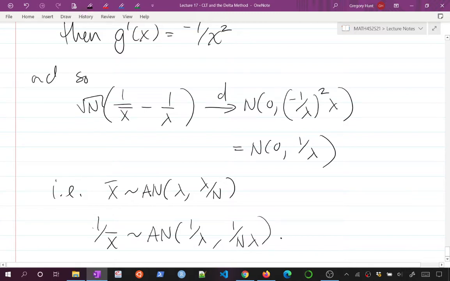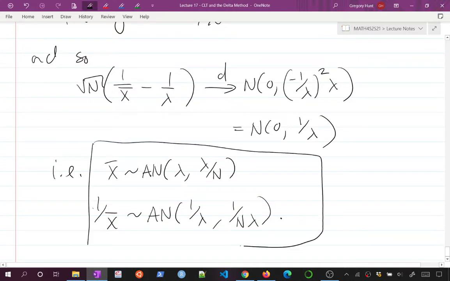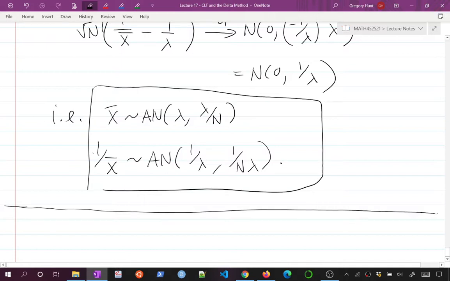So that's cute. Basically it just allows us to flip our lambda upside down when we want to look at the asymptotic distribution of 1 over x bar. While for a finite sample, the distribution of 1 over x bar, if x bar is Poisson, may be really complicated, asymptotically you can nicely play around with the parameters.